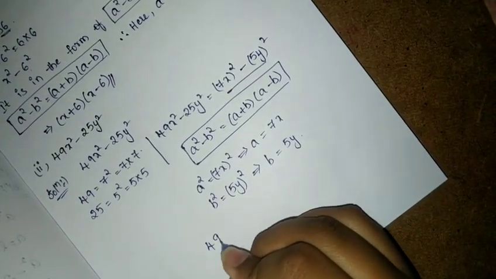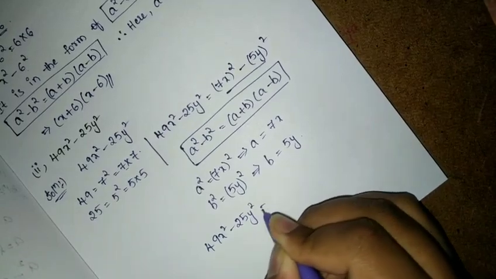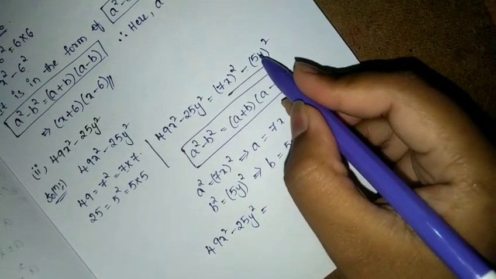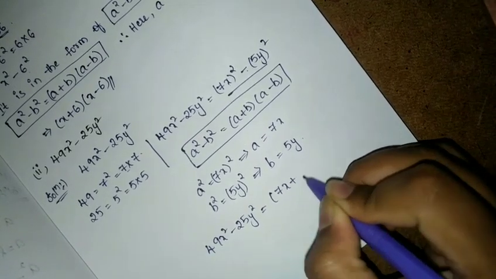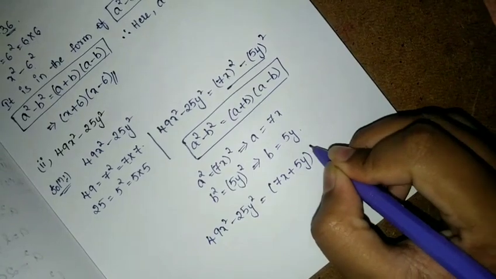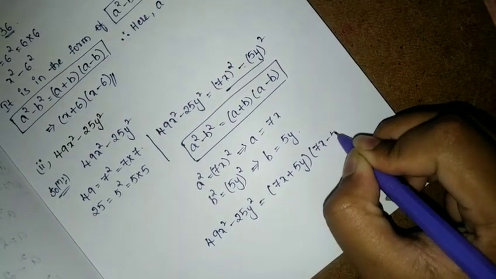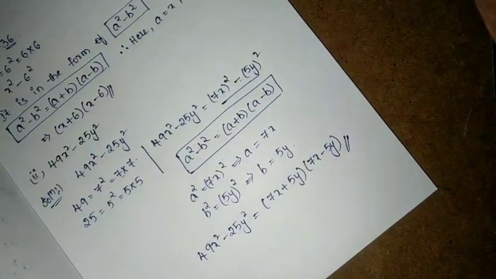So we can write 49x square minus 25y square equal to a square minus b square. Formula for this is a plus b, that means (7x plus 5y) into (7x minus 5y). So this is our final answer.